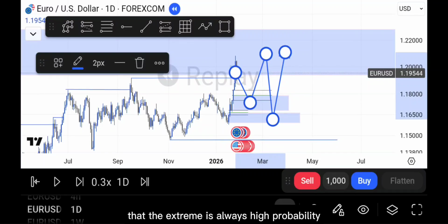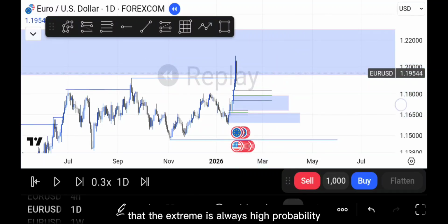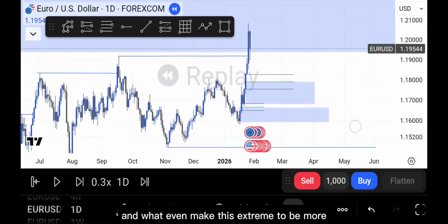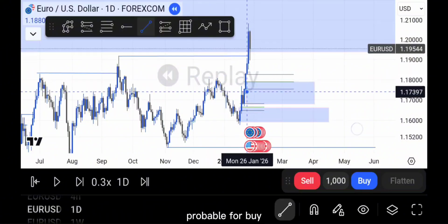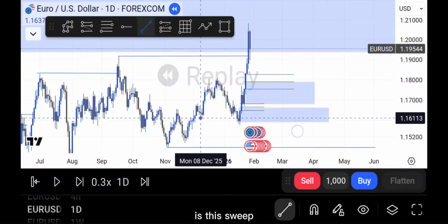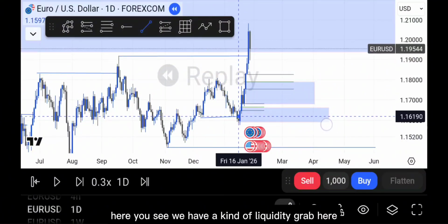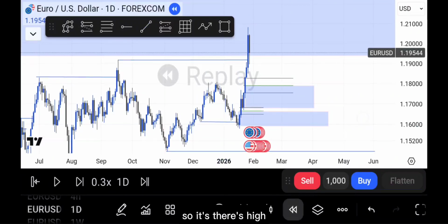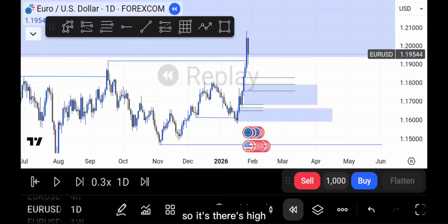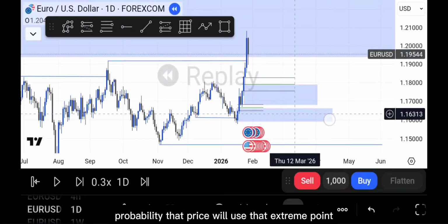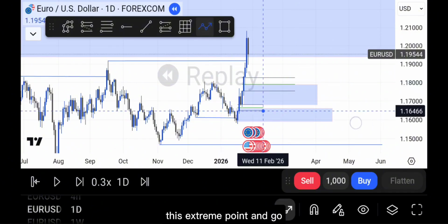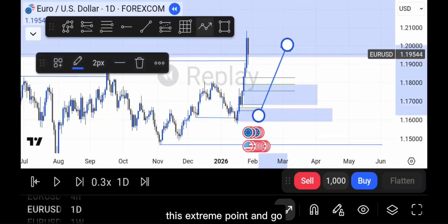Remember that I told you the extreme is always high probability, and what makes this extreme even more probable for a buy is this sweep here. We have a kind of liquidity grab here, so there's high probability that price will use this extreme point and go.